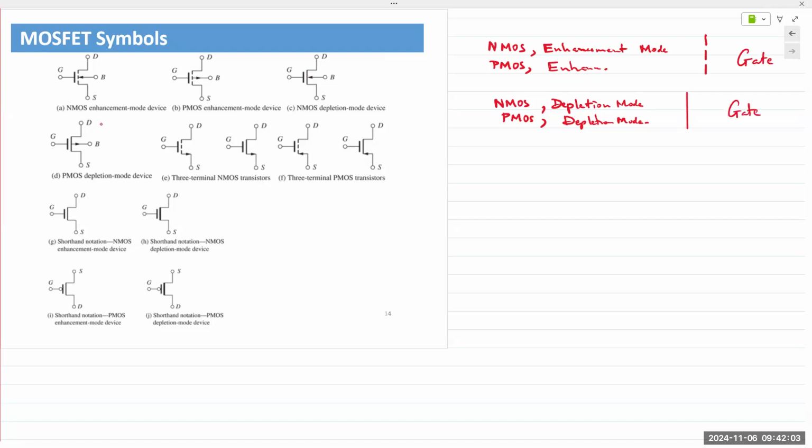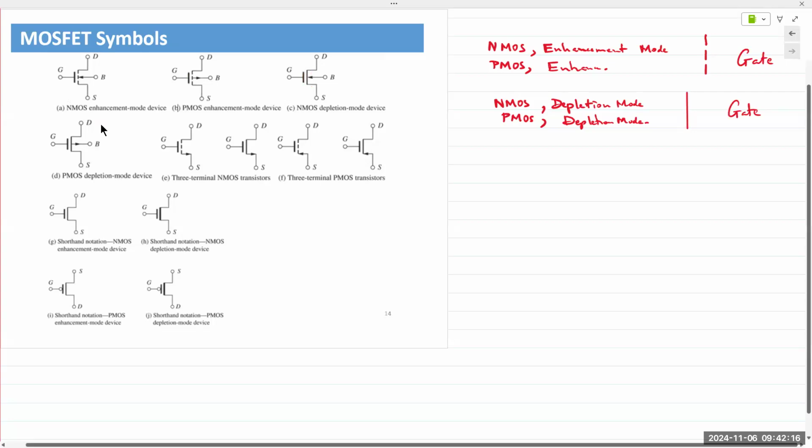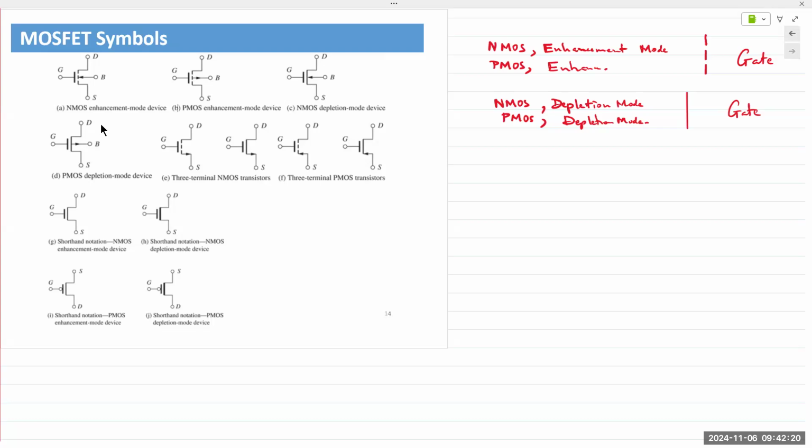Depletion mode devices have single lines right here. Enhancement mode, 3 lines. When I was a student, I liked to remember it as the letter E has 3 prongs. So 3 dashes, 3 prongs in E, enhancement mode.